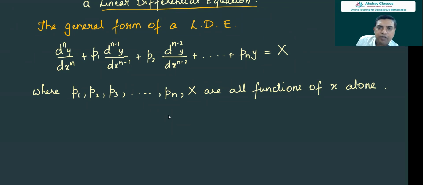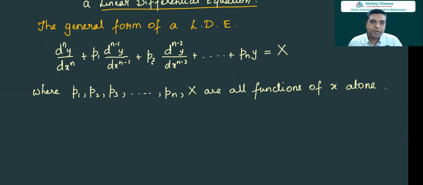Okay, you cannot get a y factor here. If you get a y factor, then the y and its derivative are multiplied together. But the definition of a linear differential equation is that the dependent variable y and its derivative cannot get multiplied together. Okay, that is the definition.